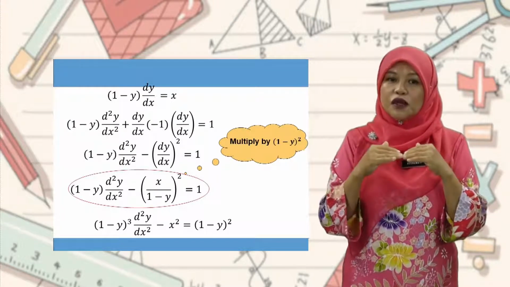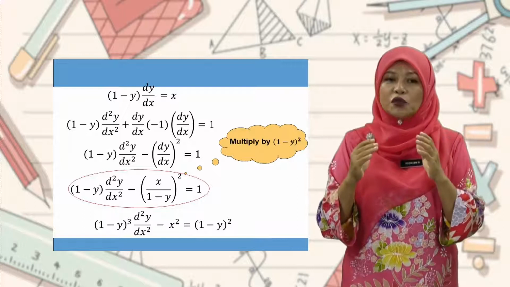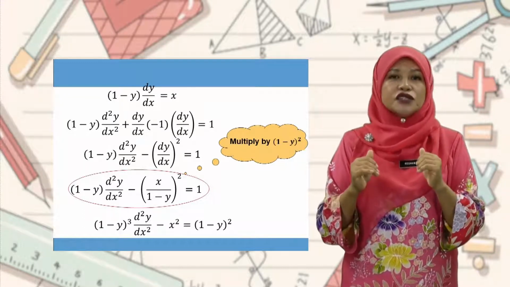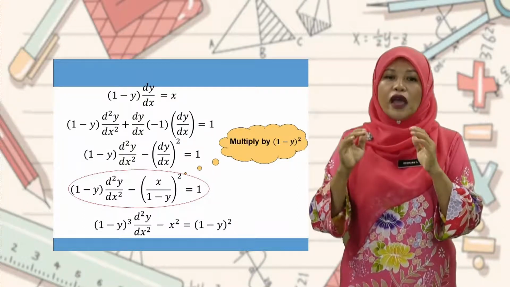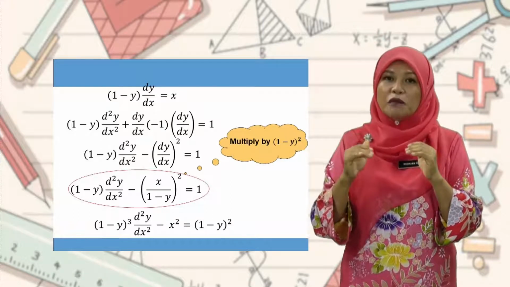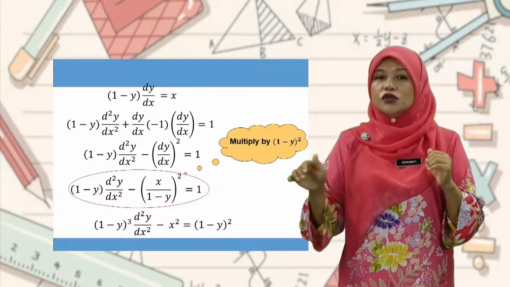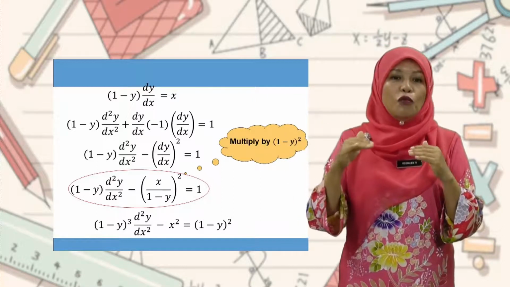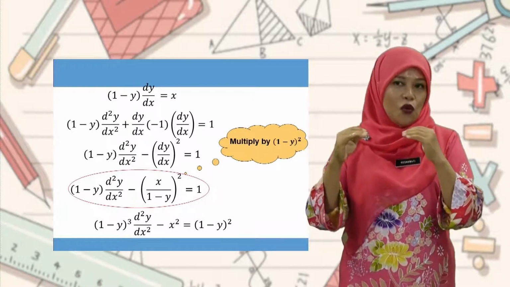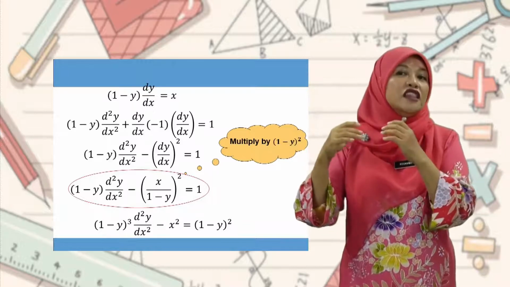It means we will have (1 minus y) d2y/dx squared minus (x over 1 minus y) squared equal to 1. So here, we almost get what is required in the question.